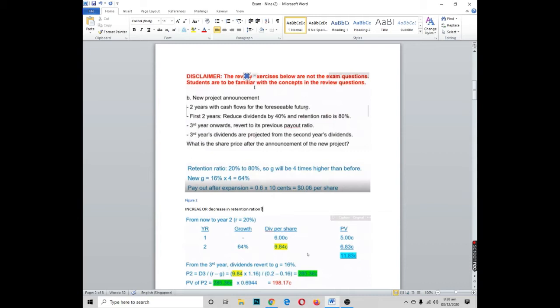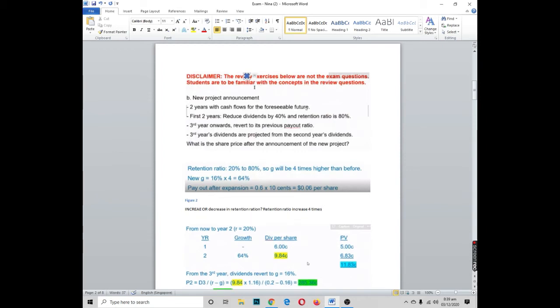So in question 1 part A, retention is 20%, here it is 80%. So the retention ratio is increased from 20 to 80, which means a 4 times increase. Retention ratio increased 4 times.